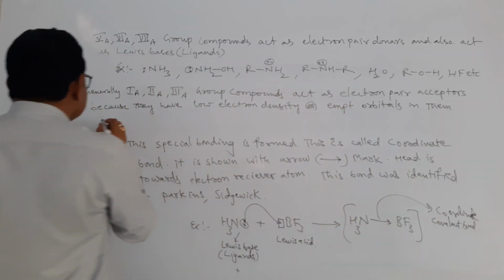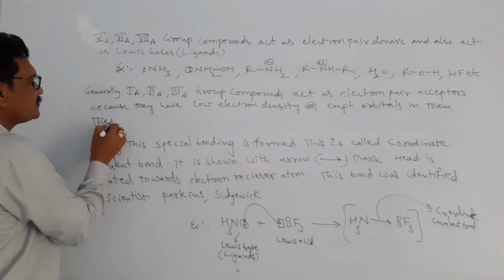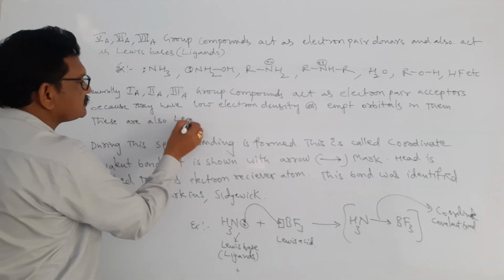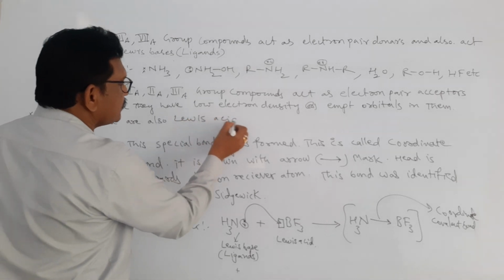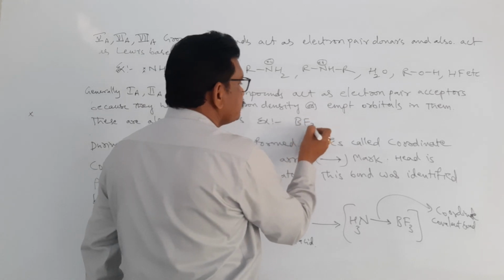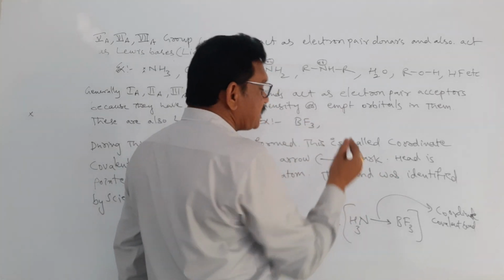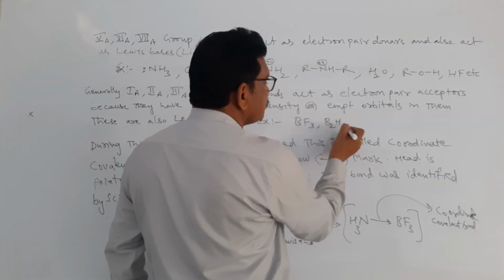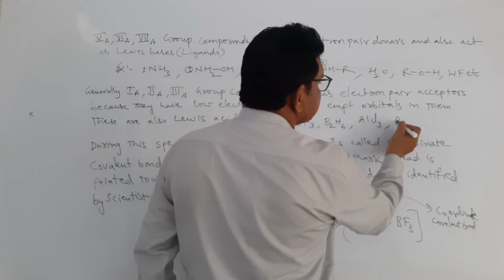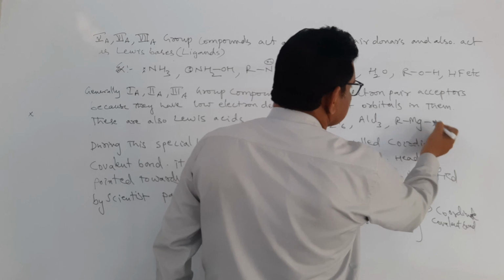These are also called Lewis acids. I give you the best example. Boron trifluoride is an electron acceptor, like that diborane, like that AlCl3, like that RMgX Grignard reagent, okay, etc.